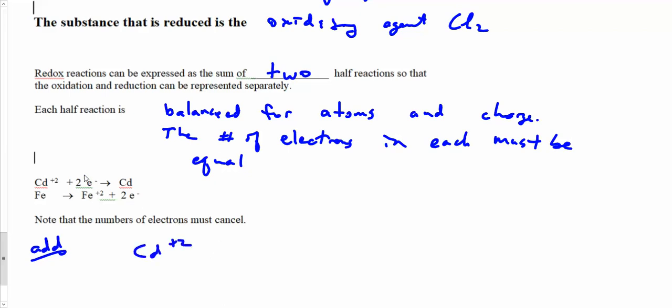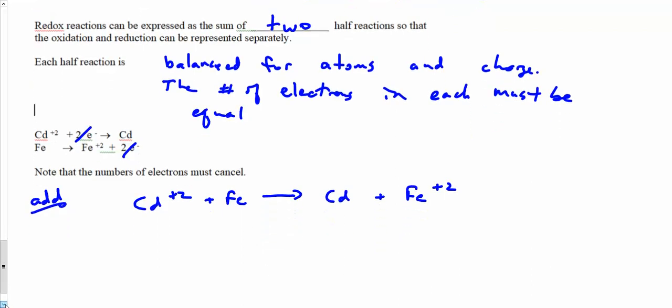I'm just going to make this a little quicker. I got 2 electrons on the left, I got 2 on the right, so I would get Fe plus Cd2+ arrow Cd plus Fe2+. So this would be my overall reaction, and these would be my two half reactions. So that's our first little look at redox reactions.